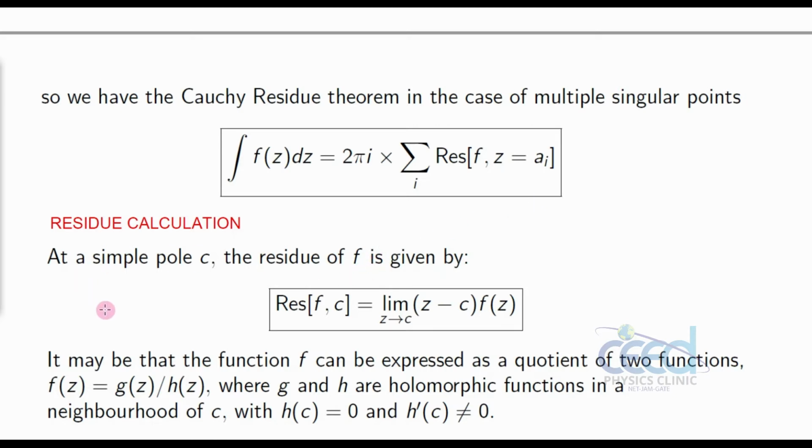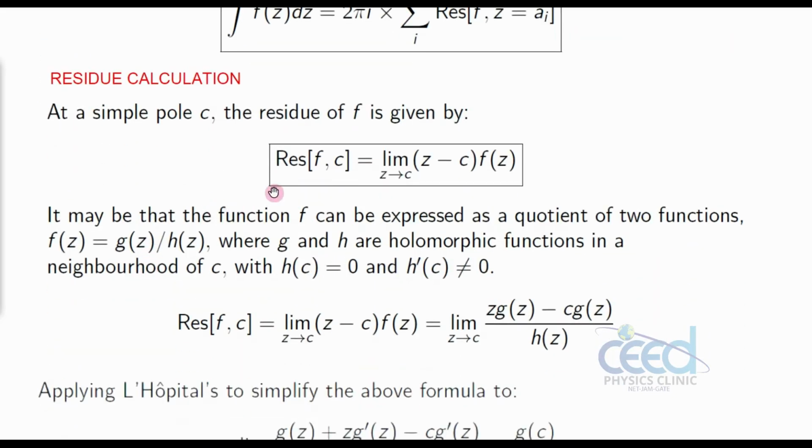Now let us check how to calculate the residue for a simple pole. This representation means the residue of the function f at c, right? Suppose you have a function 1 by (z minus c).